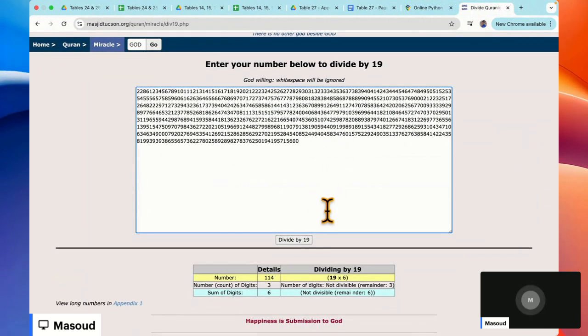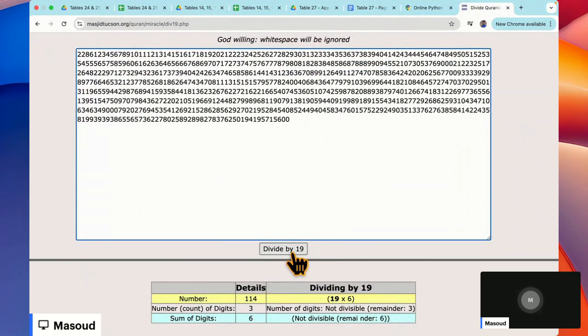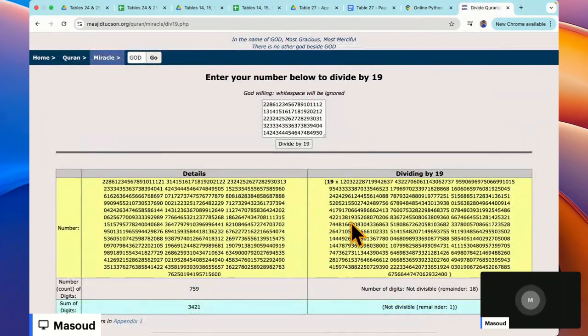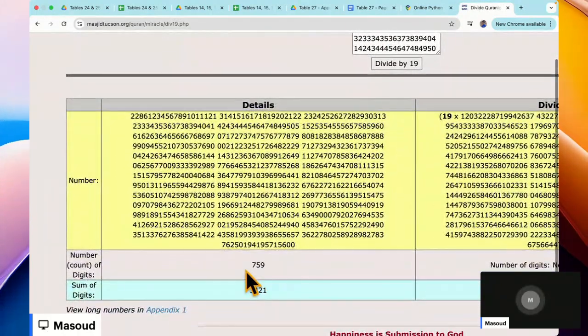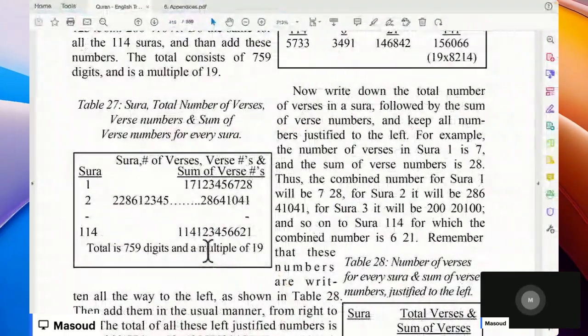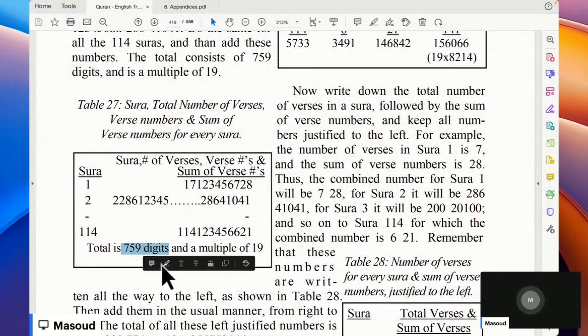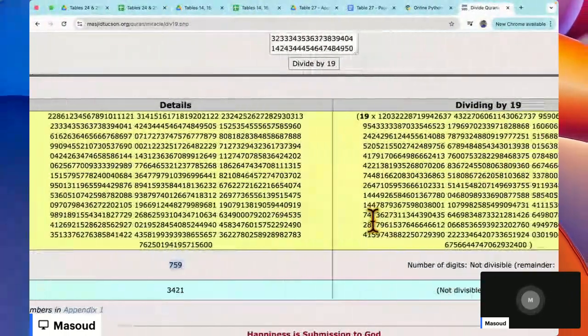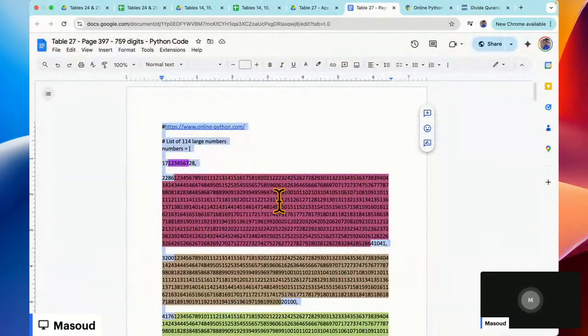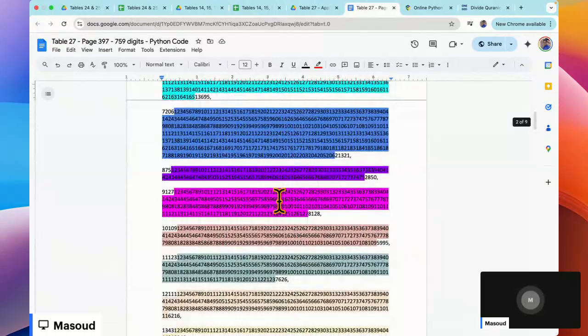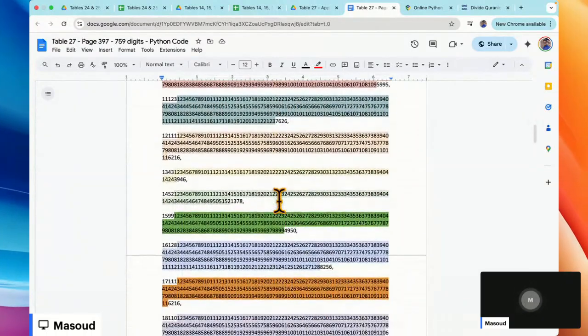Now, be ready for the miracle, subhanallah. It's a multiple of 19. Subhanallah. This number, it is 759 digits long, as it was mentioned here, 759 digits long, and it is a multiple of 19. And this is absolutely fantastic. These are all the chapters in the Quran.